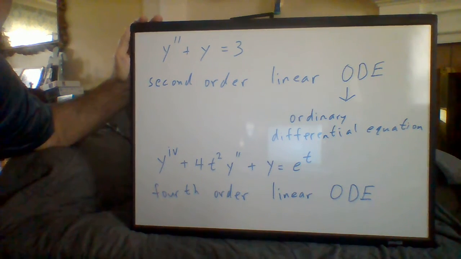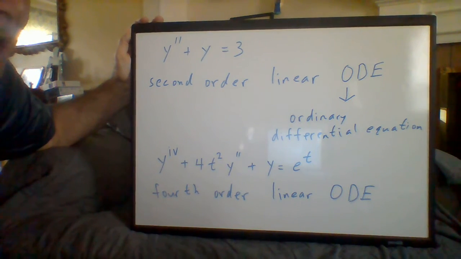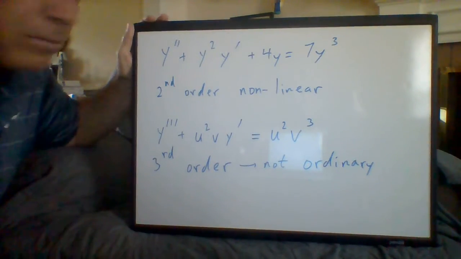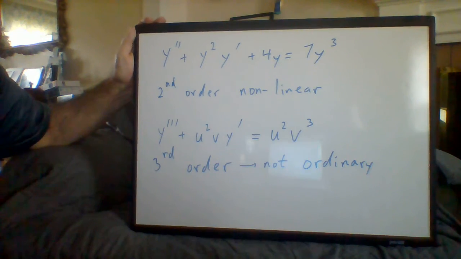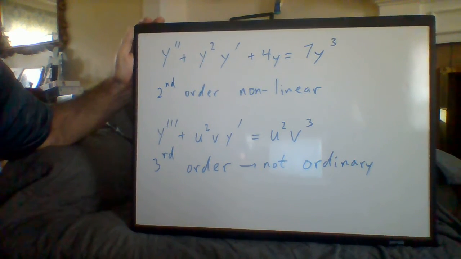So now I'll give you a couple examples of a nonlinear equation and also what it would mean to not be an ordinary differential equation. So notice at the top, y double prime plus y squared times y prime plus 4y equals 7y cubed.